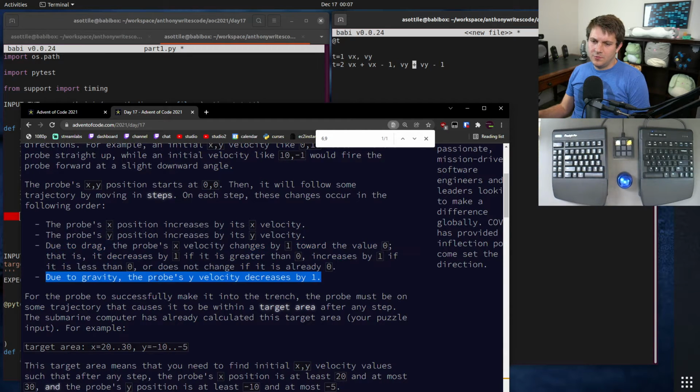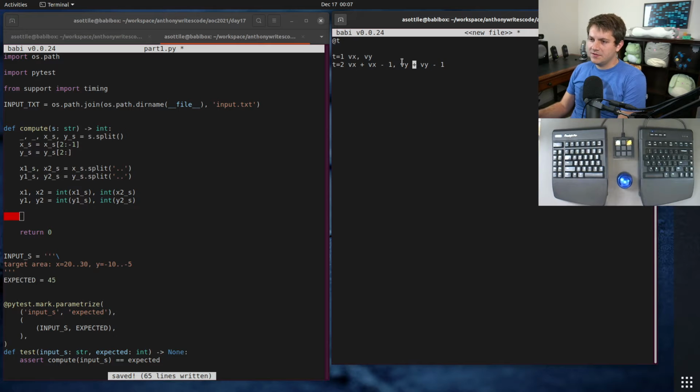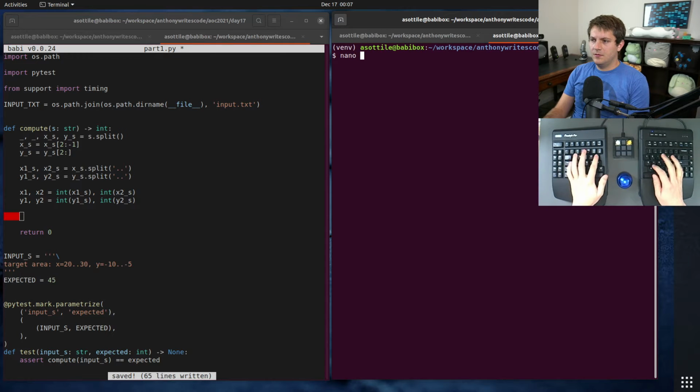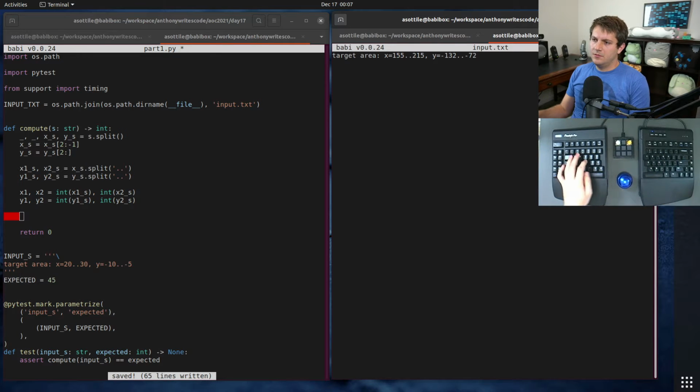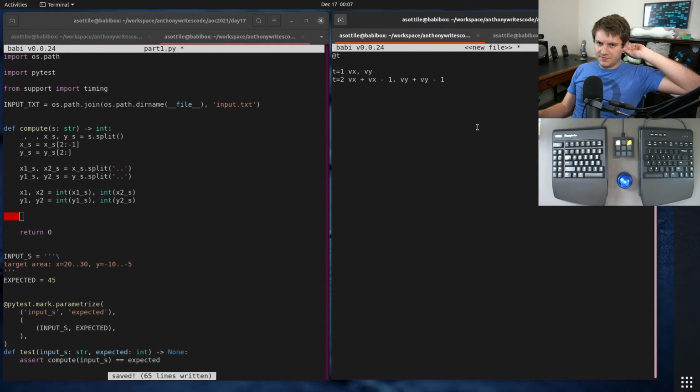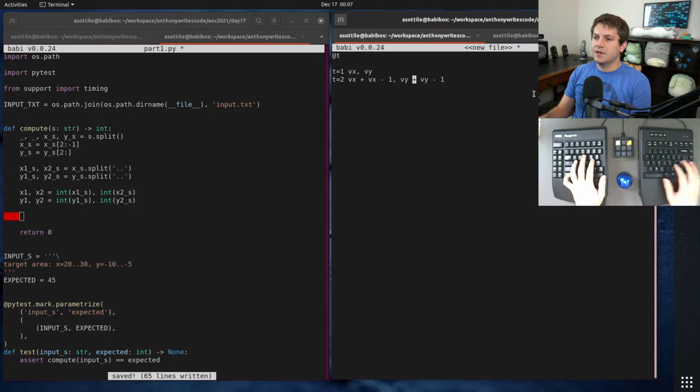And y decreases by 1. So y always goes down, x goes towards 0. The x's are always positive, so that's fine. We can assume the x's are positive. That's great. So we can always do this sort of thing.